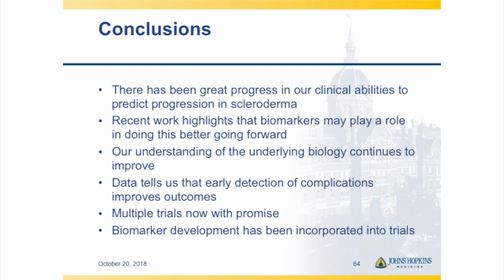But the trials that are underway now are really going to be kind of the gold mine, I think, for biomarkers. So if we have drugs that are effective and we study these biomarkers in the context of these studies, we're really going to understand what these markers are trying to tell us, and we can use them going forward. And so biomarkers have really been incorporated now into all the clinical trials that you've heard about and going forward.